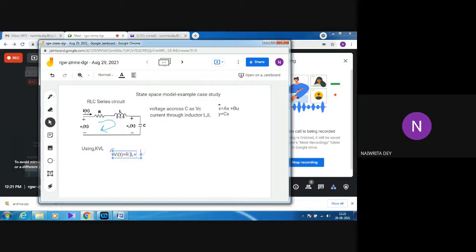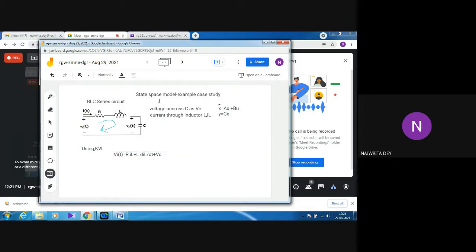So this is R into IL plus the voltage drop across the inductor, L into dIL/dt, and the voltage across the capacitor is VC itself, which is a state variable, so we write it as VC.